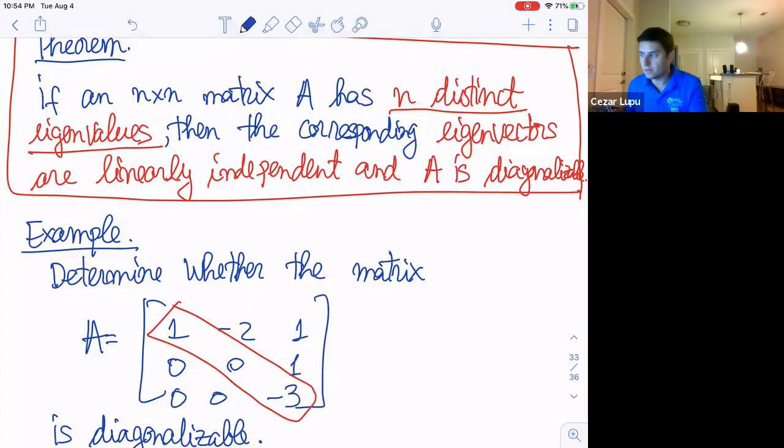And the elements below the diagonal are 0. And we want to show that this is diagonalizable.